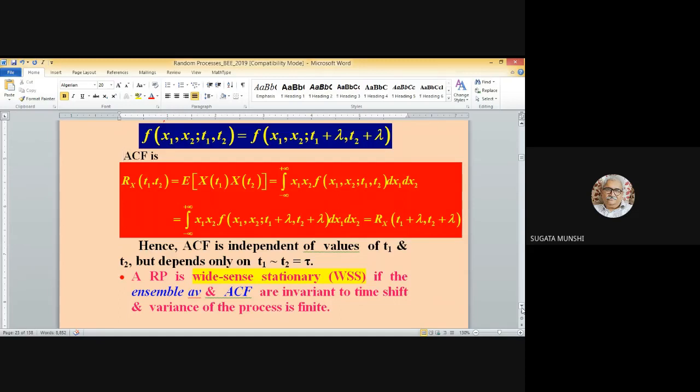So the autocorrelation function is invariant to time shift. And the covariance of the process is finite.